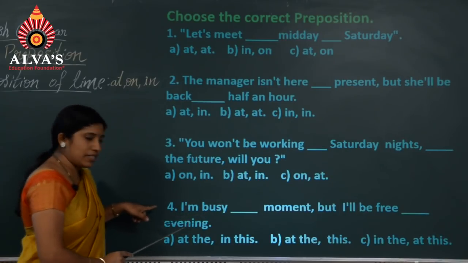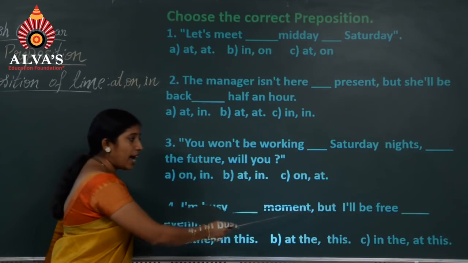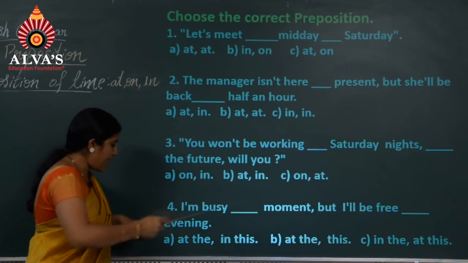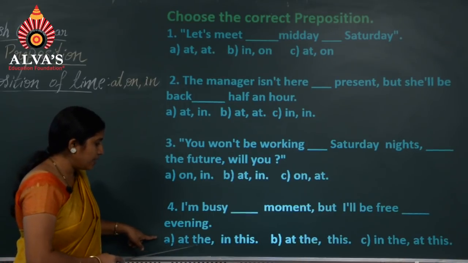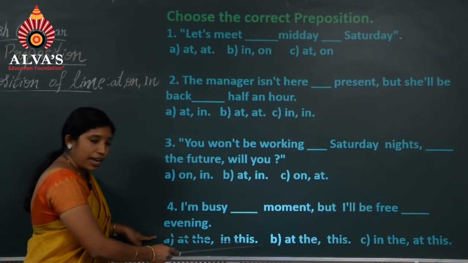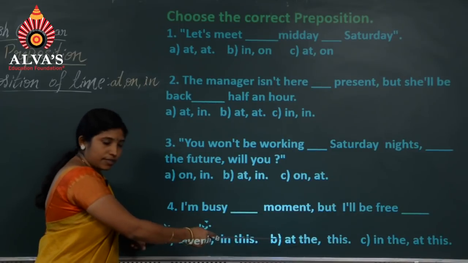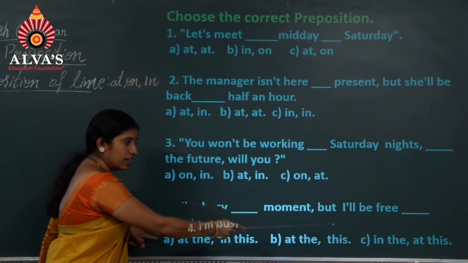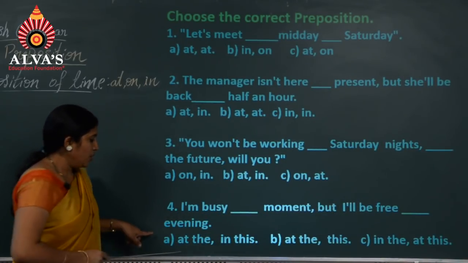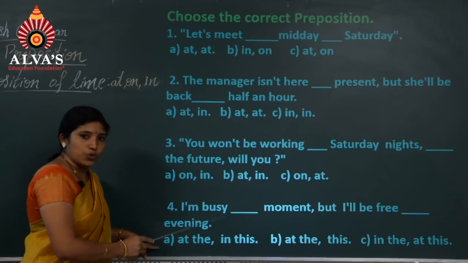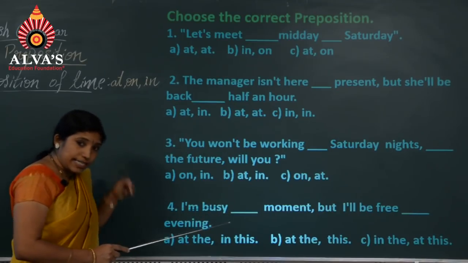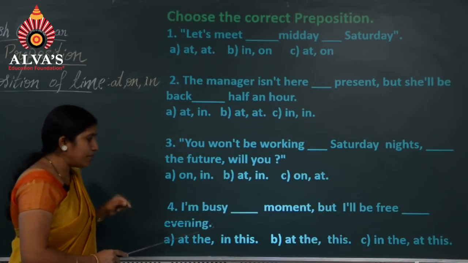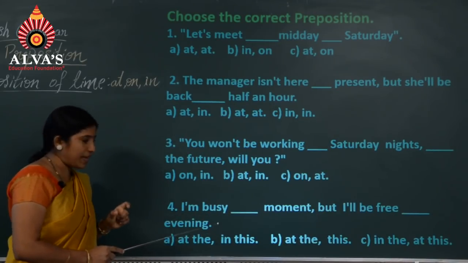Number 4. I am busy dash moment, but I will be free dash evening. Look at the options here: A, at the, in this; B, at the, this; C, in the, at this. Which option suits properly? I am busy at the moment, a short time, at the moment.